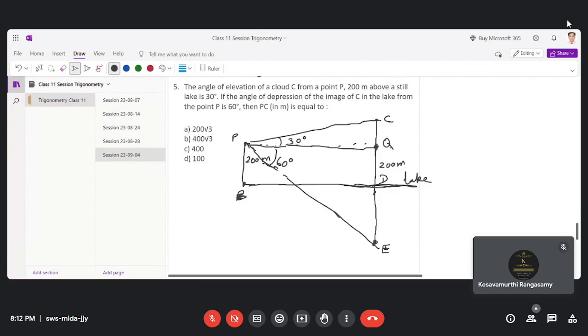See, I will give some clue. Now put this CQ as X. Then the CD becomes X plus 200, which is equal to DE, right? Now, let us write down tan 30 and tan 60. Tan 30 degrees is equal to X divided by PQ.